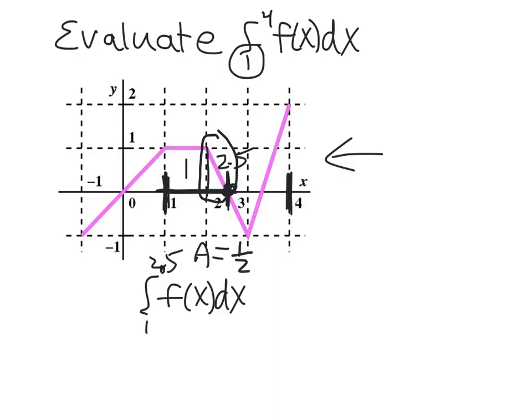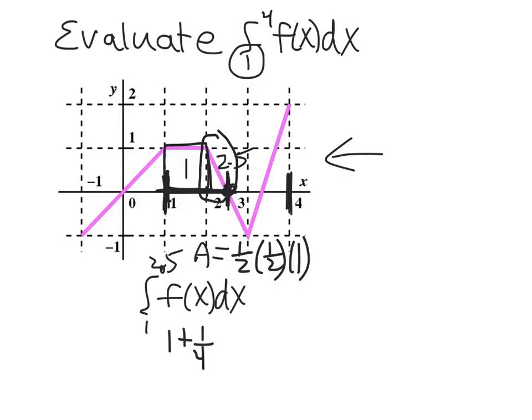Area of that triangle, 1/2 the base, which is another 1/2, times the height, which is just 1. Area of that triangle would be 1/4. So from 1, area of this square is 1 plus the area of that triangle. That is the integral from 1 to 2.5.